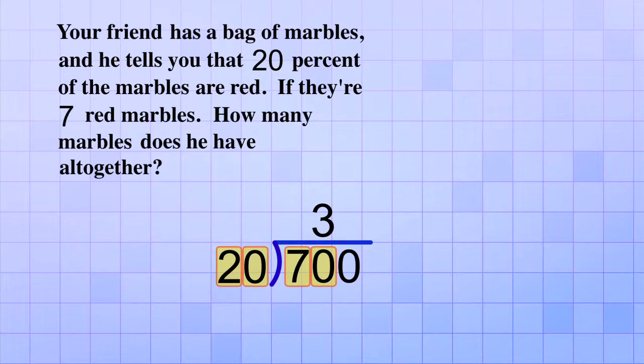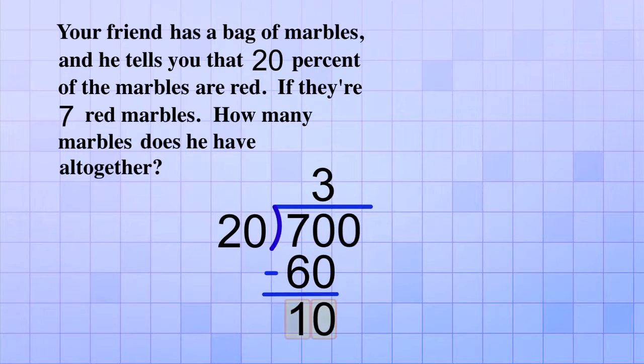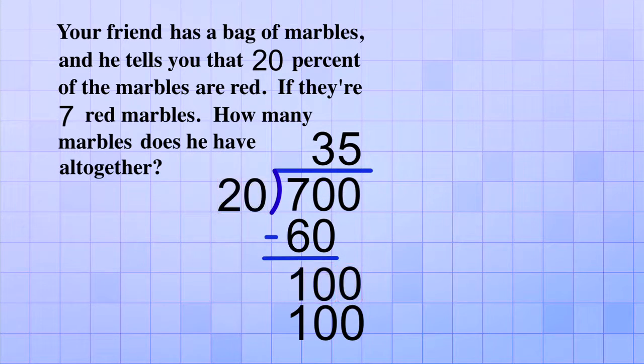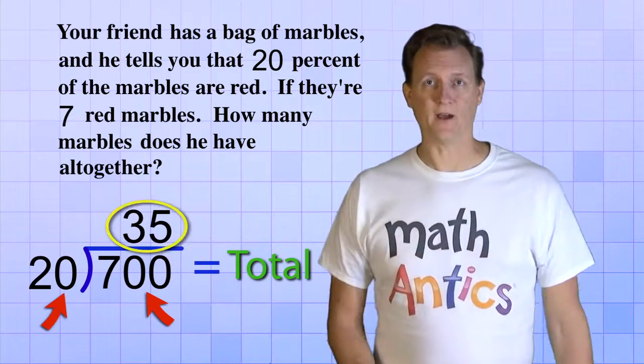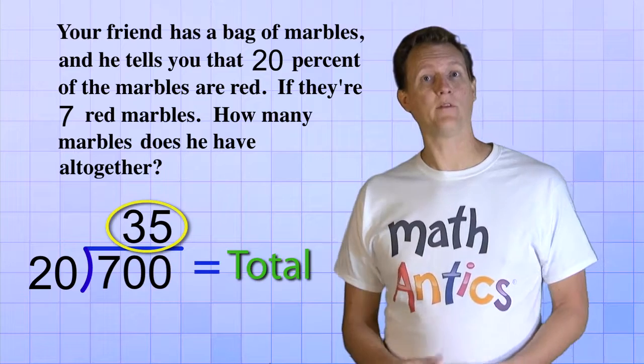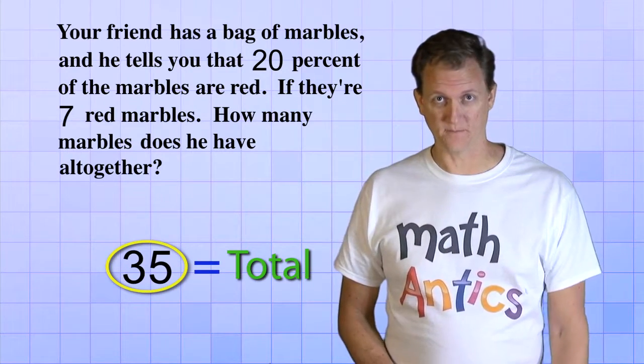Well, that would be 3, because 3 times 20 is 60. 70 minus 60 leaves 10 as the remainder, and then we bring down the 0, and then we ask how many 20s will divide into 100. Aha! 5, because 5 times 20 is 100, so that leaves no remainder. So 700 divided by 20 is 35, and that means that the total number of marbles is 35.